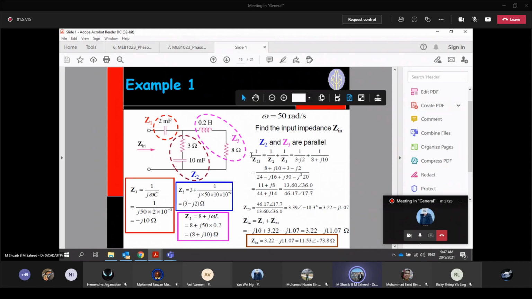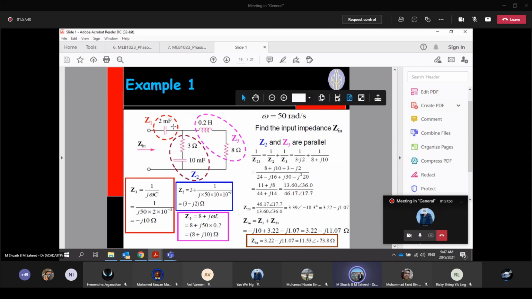So you do your parallel analysis: 1 over 3 minus j2 plus 1 over 8 plus j2. Do the multiplication and the addition, and finally the division, you will get 3.39 angle negative 18.3 degrees.